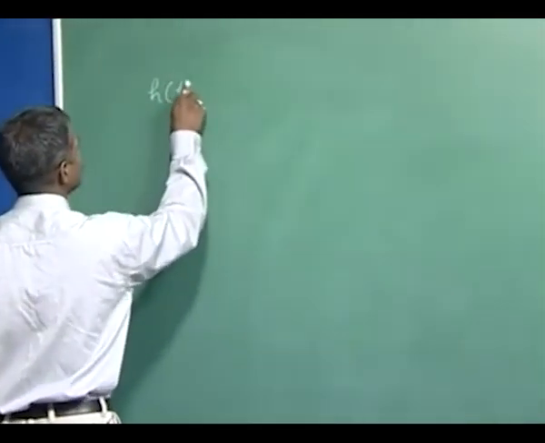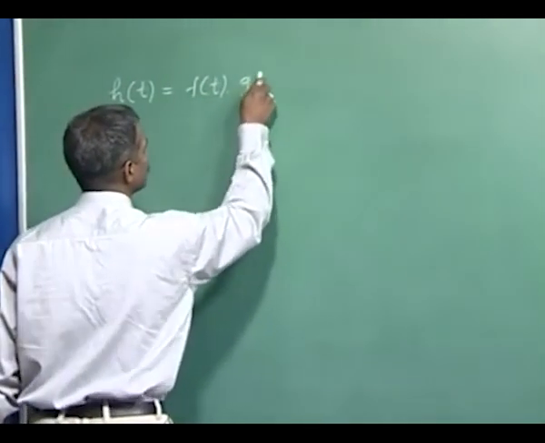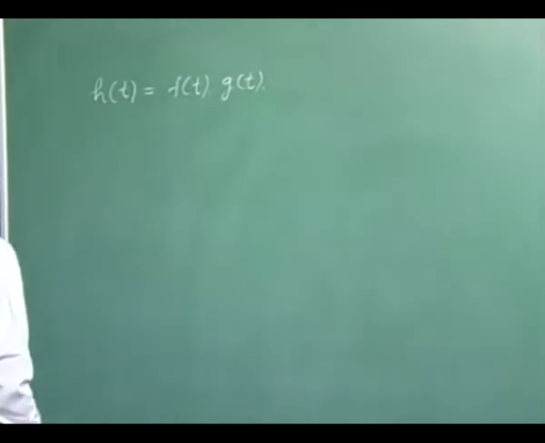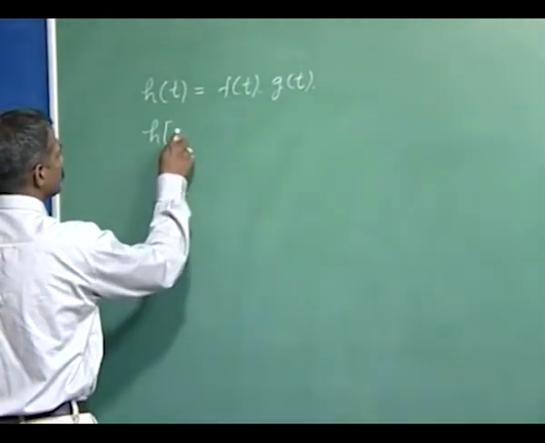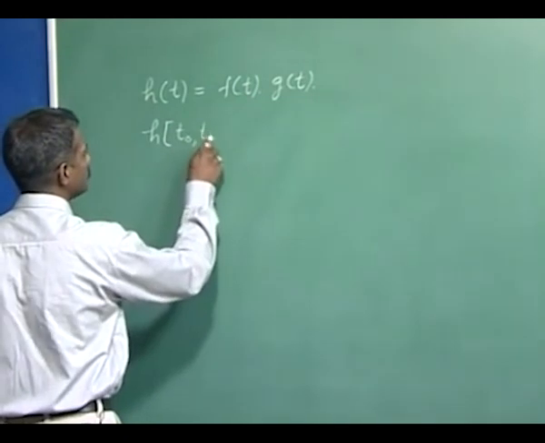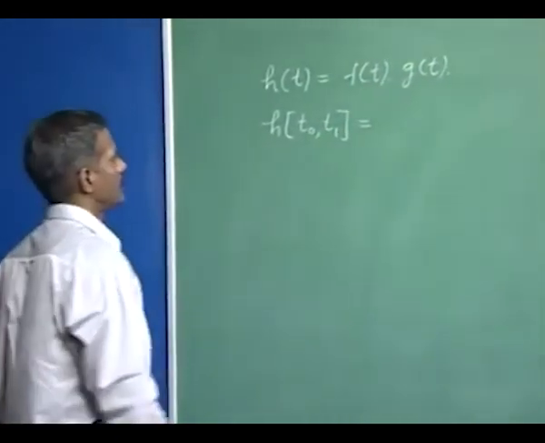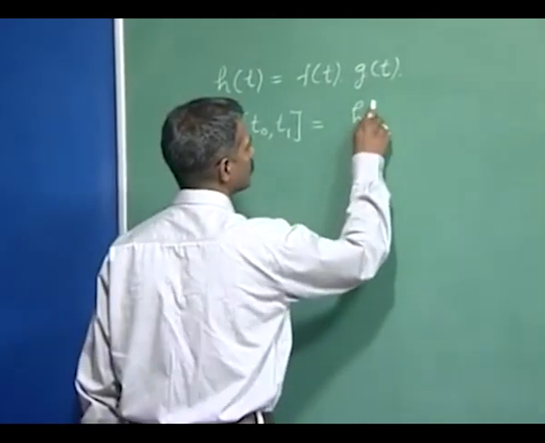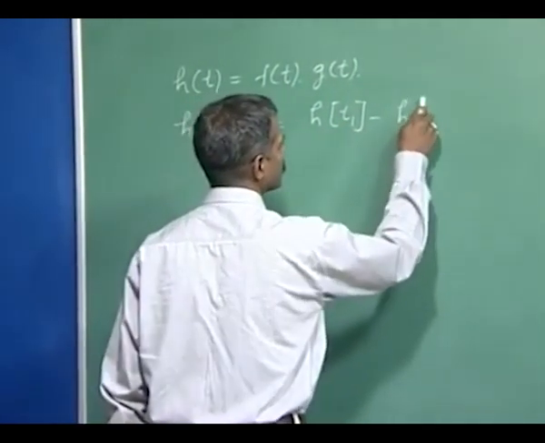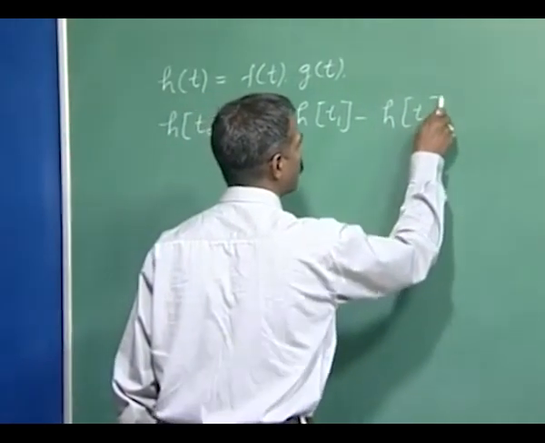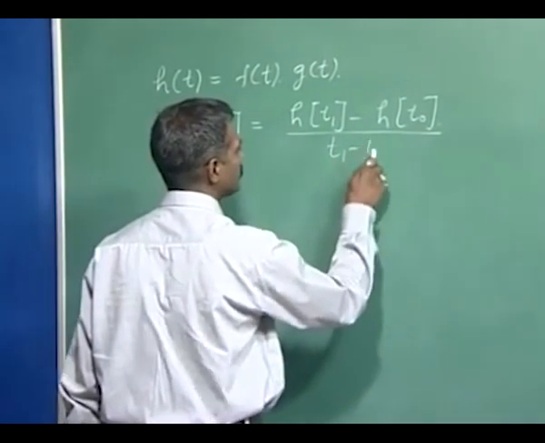So h of t equals f of t times g of t. Let's look at what h[t0, t1] is. By definition, it is defined as h of t1 minus h of t0 over t1 minus t0.